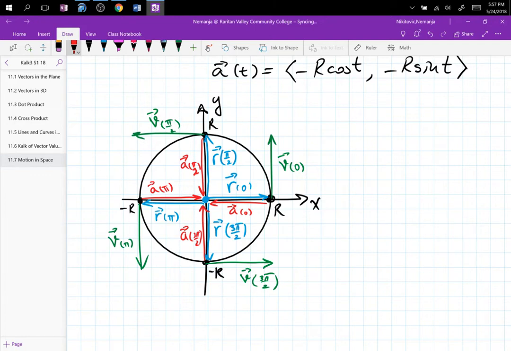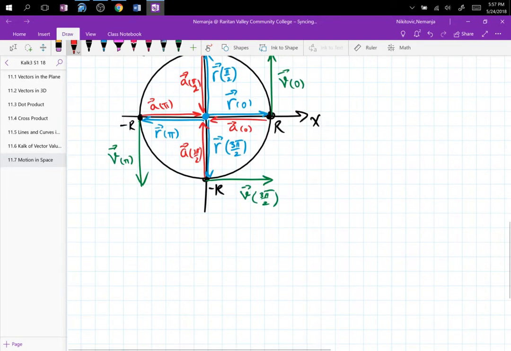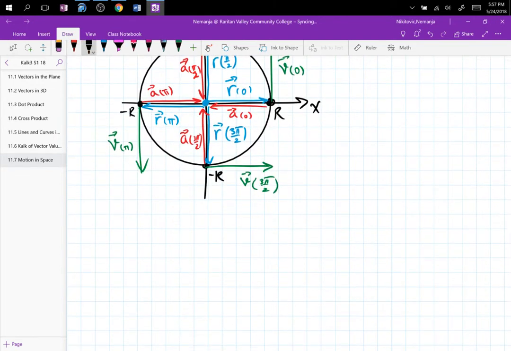So instead of working out separate equations, you just have one single vector to look at. So there it is: two-dimensional motion in a gravitational field.